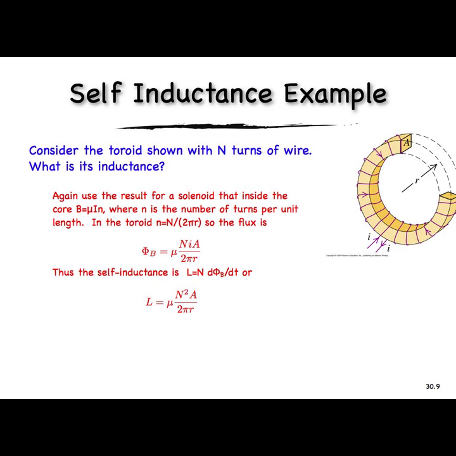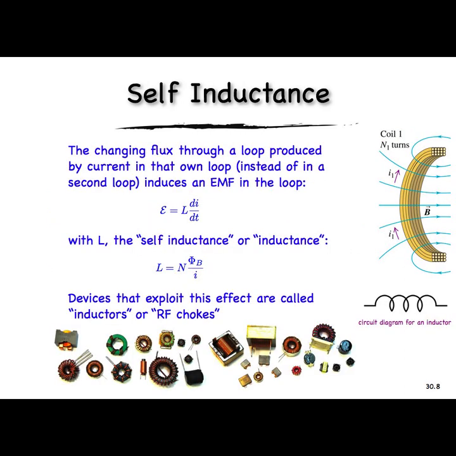And since so many of these are toroidal, let's consider a toroid geometry. Let's say there are N turns of wire around this ring of radius r. Then let's find the self-inductance of this device.